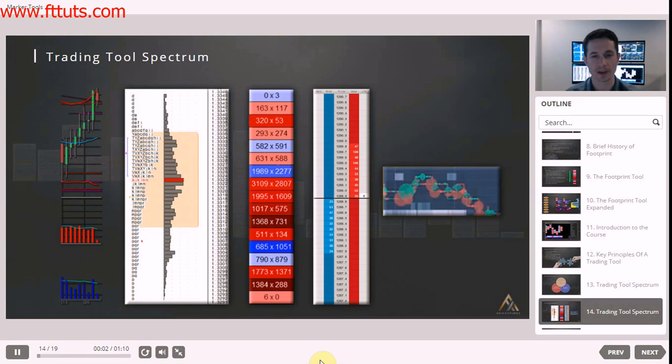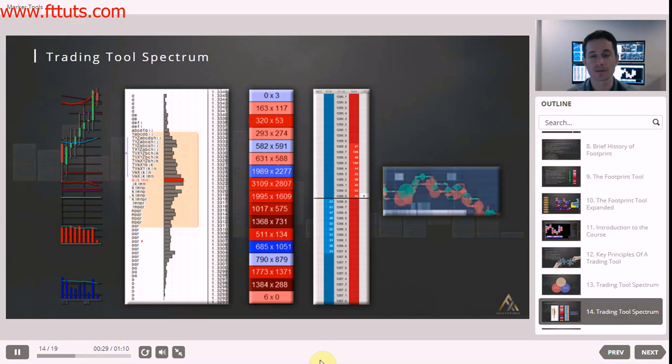So what you have in front of you is 5 different trading tools. I've put them from left to right in terms of lagging information versus leading information. Now let's talk a little bit about this concept of lagging and leading information. Simply put, tools that utilize lagging information and summarize it are effectively taking information that the market has already received.